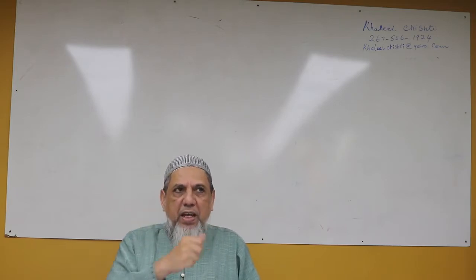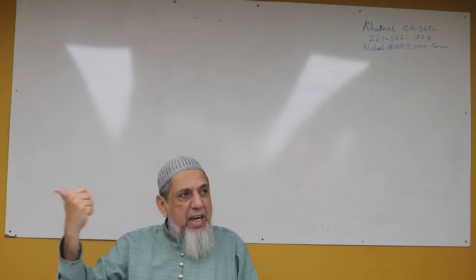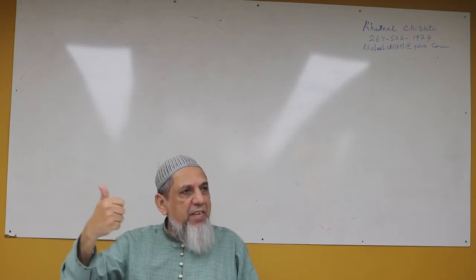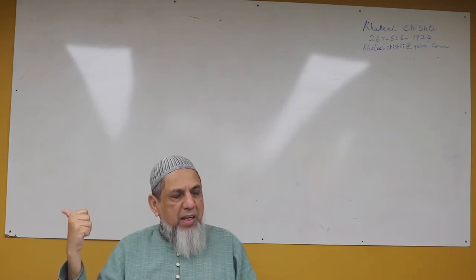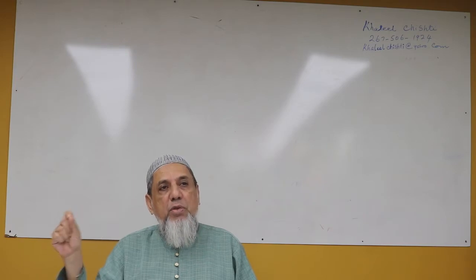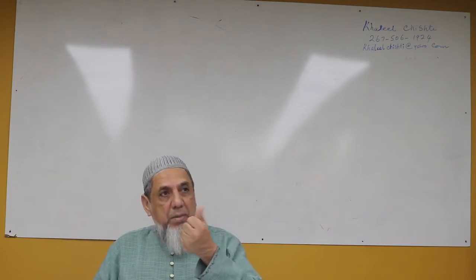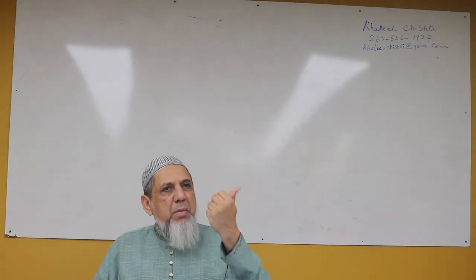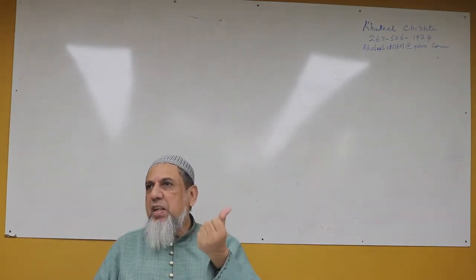In huruf shamsiyya, when they take alif lam in the beginning, the sound is repeated, lam is not pronounced. Whereas in qamariya, for example, al-qamar, lam is written and lam is pronounced.